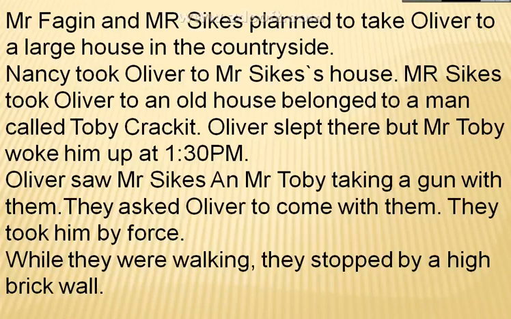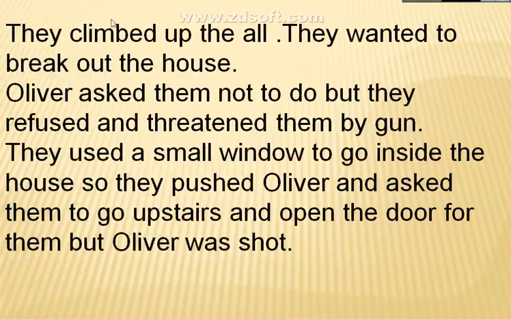While they were walking, they stopped by a high brick wall. They climbed up the wall. They wanted to break into the house. Oliver asked them not to do it, but they refused and threatened him with the gun. They used a small window to go inside the house.